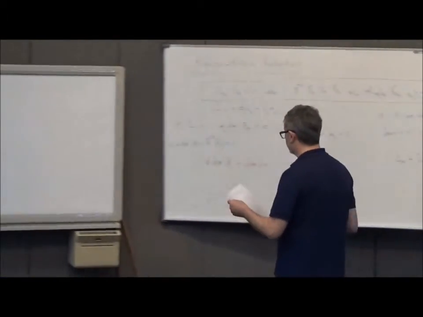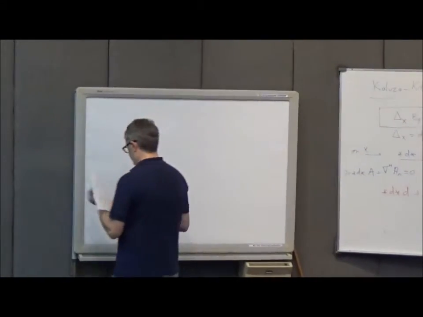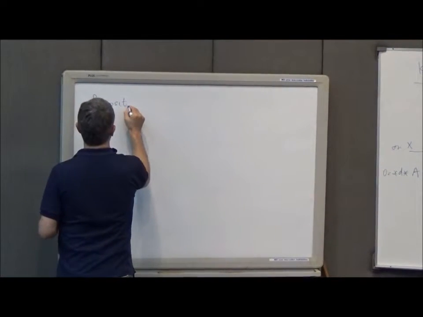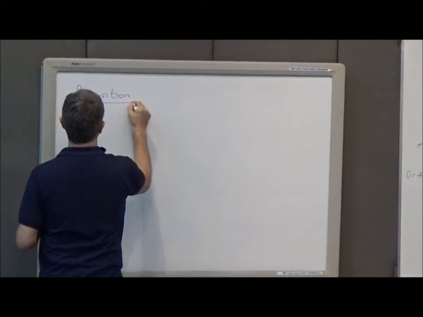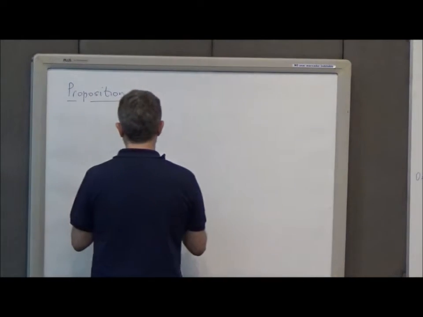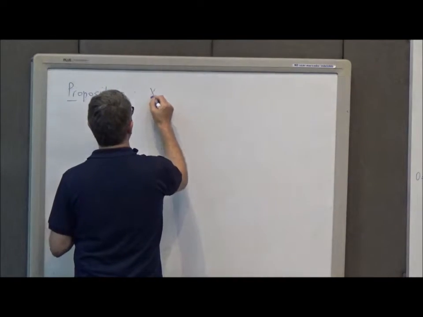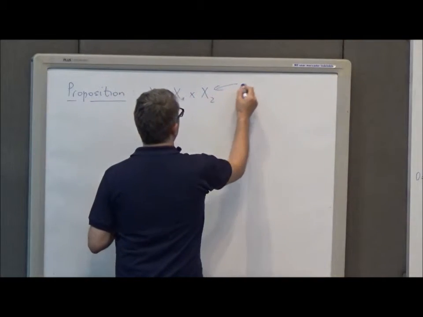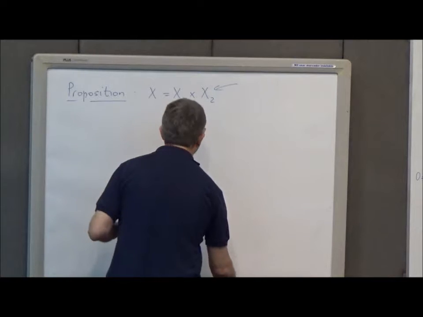So I'll just repeat what I did for the zero form in general and make a claim and leave it to you to decide whether I'm lying to you or not. So, proposition. I could have just called this M and K, it doesn't really matter.